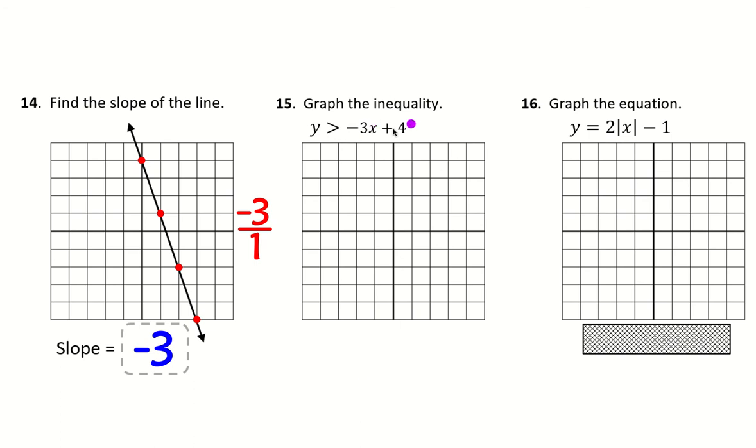So the good news is this is already in mx plus b form, so I know that my y-intercept is +4, and I know my slope, my m, is -3, which really means -3/1. Hey, just like here. Oh my gosh, this is the same line. Wow, that was not on purpose. It's the same exact line, but it's going to be dashed.